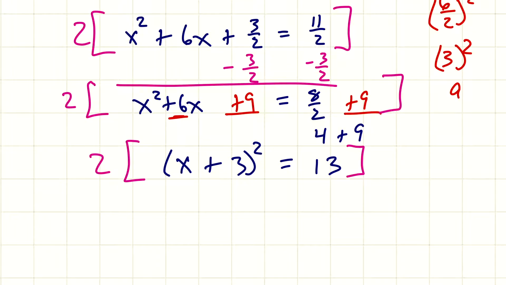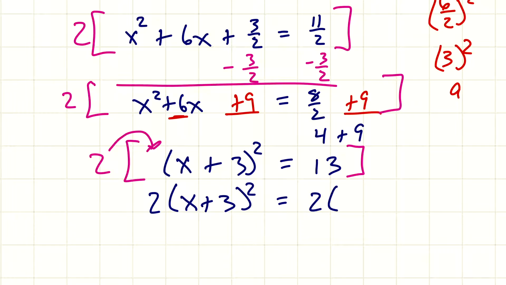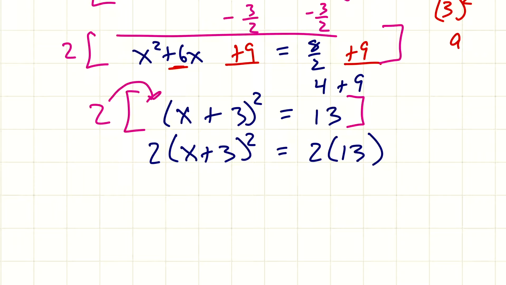And so we're going to just distribute. So I'm going to put a 2 times this. So it's going to be 2, let me do this in blue. 2 times x plus 3 squared. And this is going to be 2 times 13. All right. So this reduces to, we're still going to leave this as 2 times x plus 3 squared equals 26.